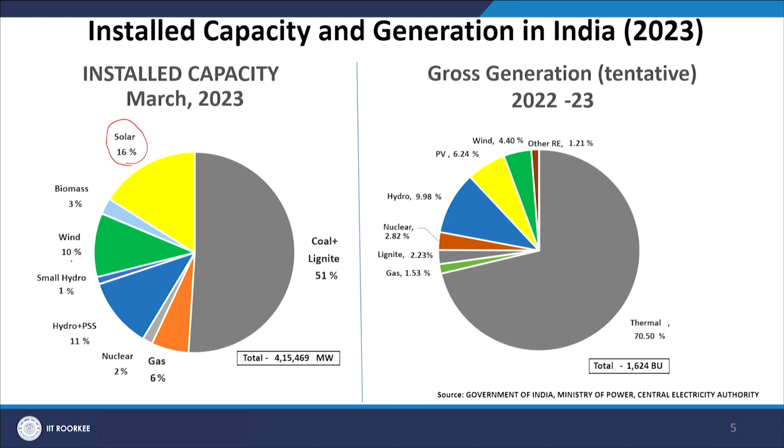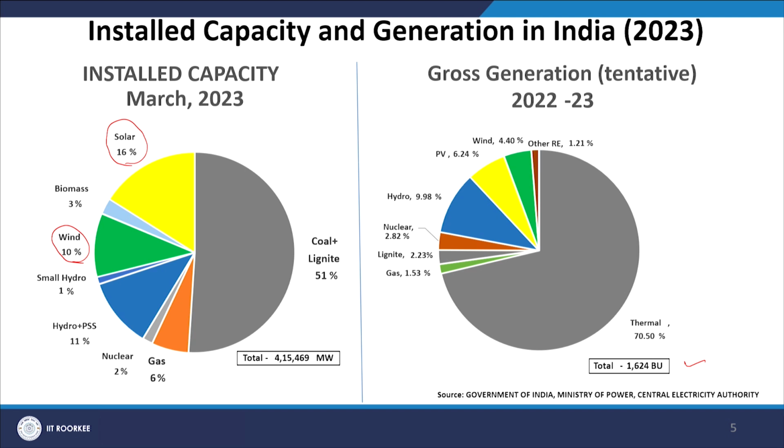And the wind is close to 10%. And similarly, the gross generation is close to 1624 BU, billion units, and the PV generation is contributing approximately 6.24% of its total gross generation, and wind is contributing close to 4.4%.